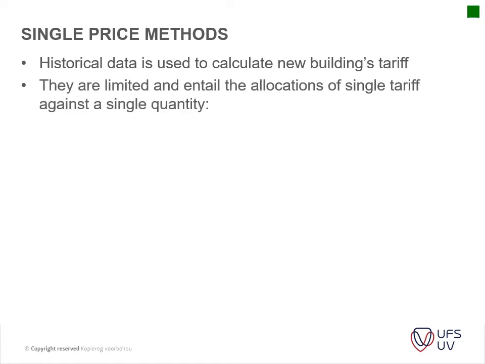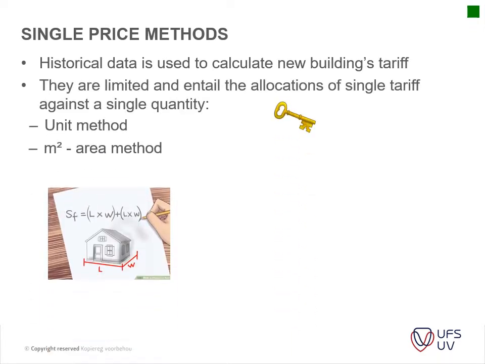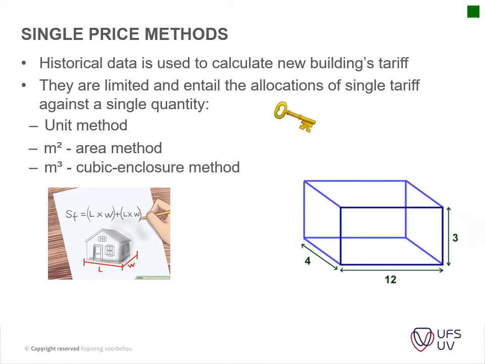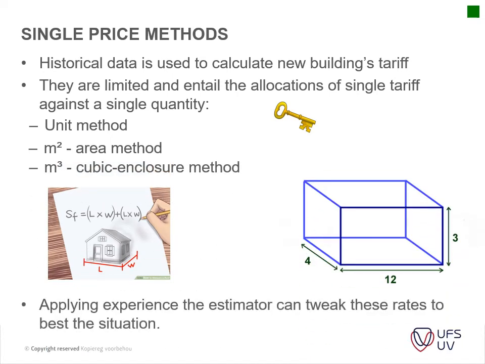So this is a bit of a recap for most of you. You've got your unit method, you've got your square meter rate method, and you've got your cube method, and then you apply your experience whenever you do your calculations.